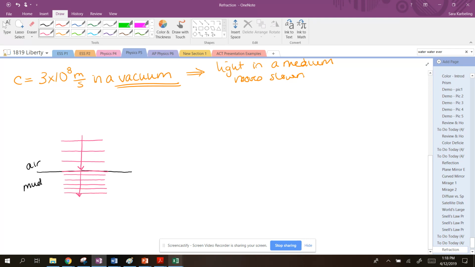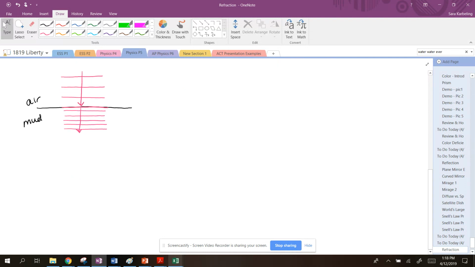And in our kind of physicsy brain, we can think about 3 things here. We're going to think about frequency, velocity, and wavelength. How did the frequency change from when we were in air to when we were in mud? The frequency stays the same, because the frequency always stays the same when you move from one medium to another.